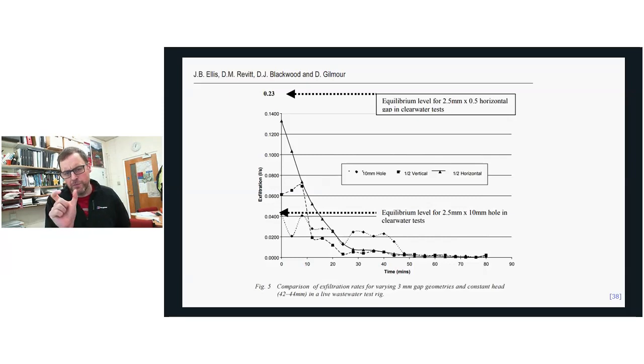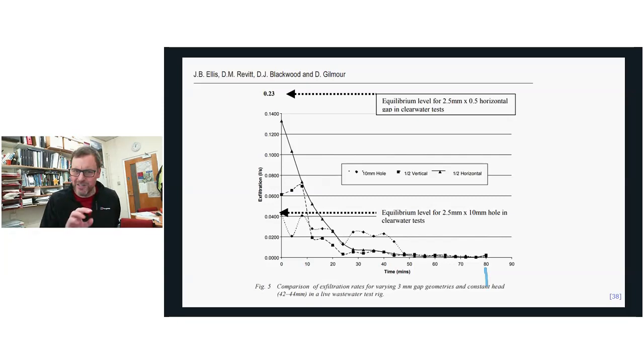There's a round one, a horizontal rectangle, and a vertical rectangle, and they're looking at the rate at which the flow goes through these. The test here is over 80 minutes. They set it up, run the sewage through, and they measure the rate at which the flow comes through.